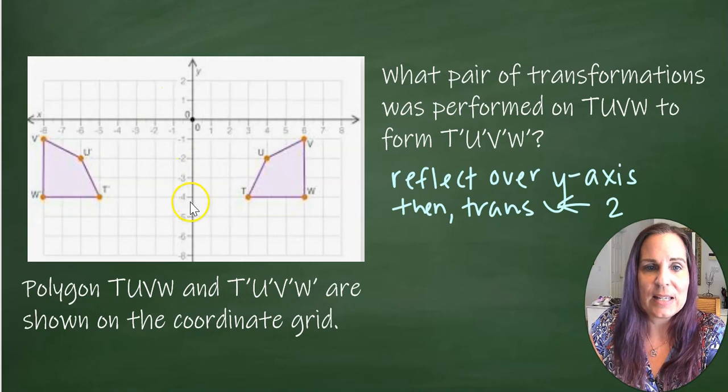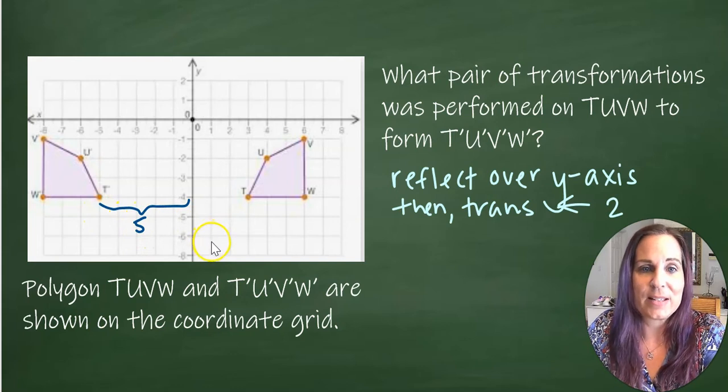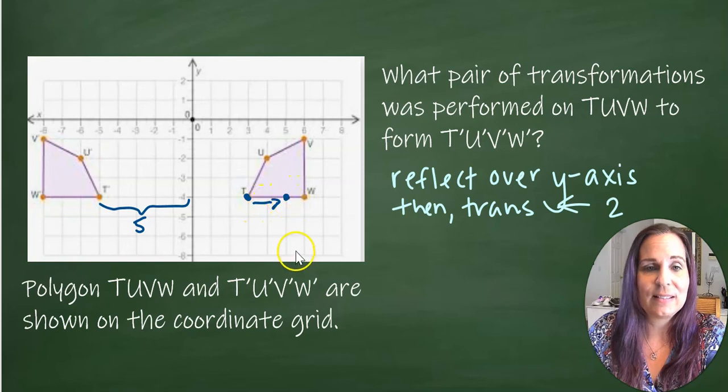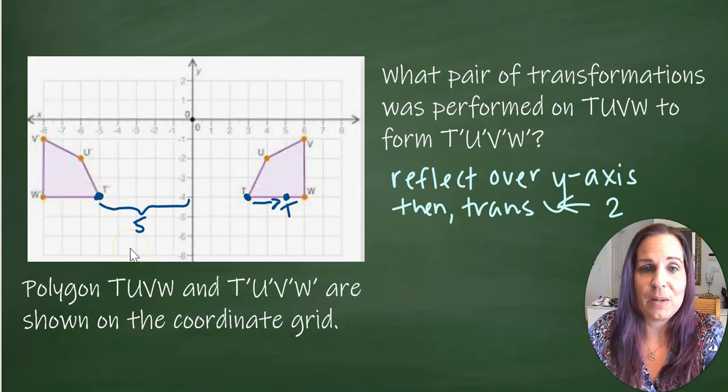We would like it to end up 5 spaces away from the y-axis. So in order to get this point T 5 spaces away, I would have to move it 2 to the right. Now my point T would be here, so now when I reflect it over, it would be in this spot where I want the image to be, right?